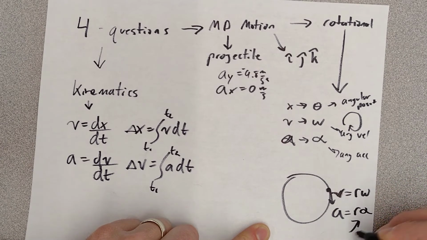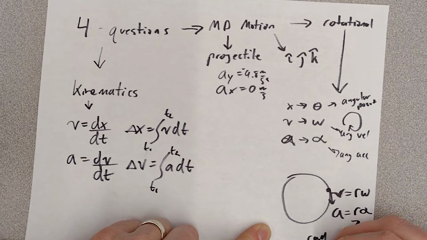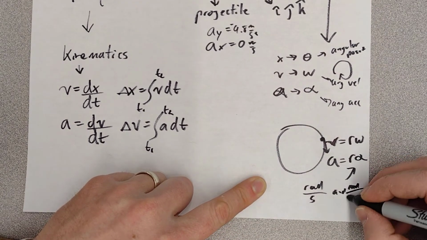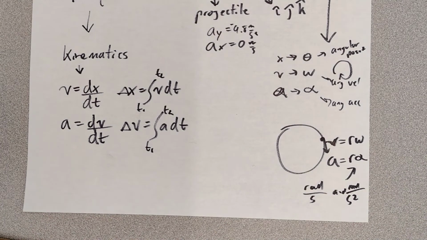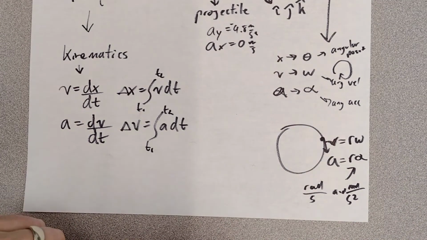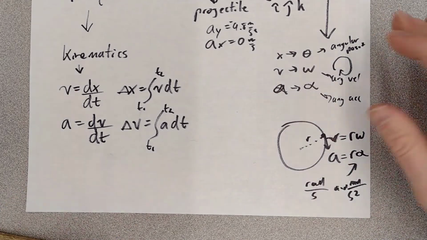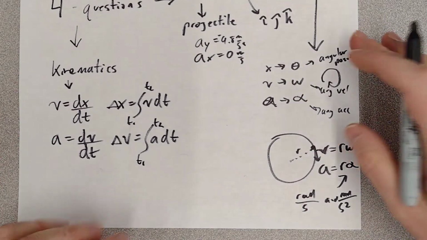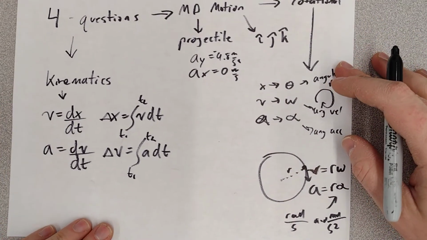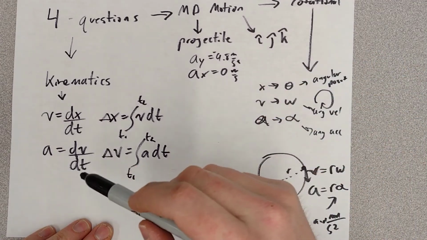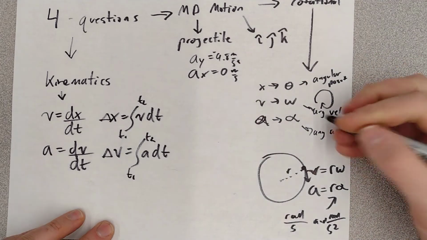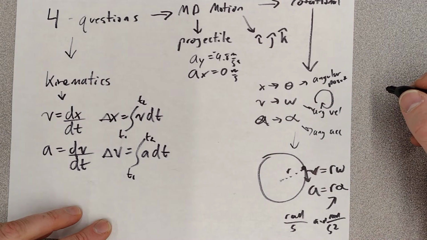As long as we're in radians per second and radians per second squared, where this is R. So this is rotational. So rotational is pretty much like regular kinematics, but with this.